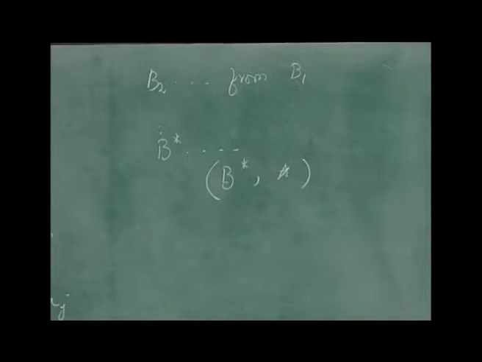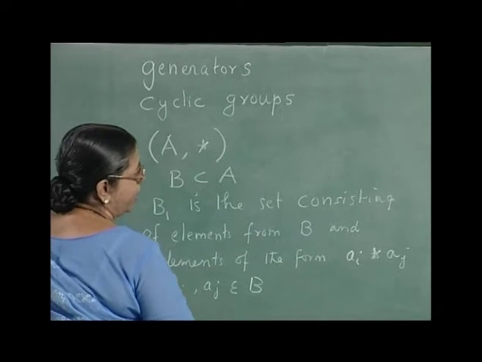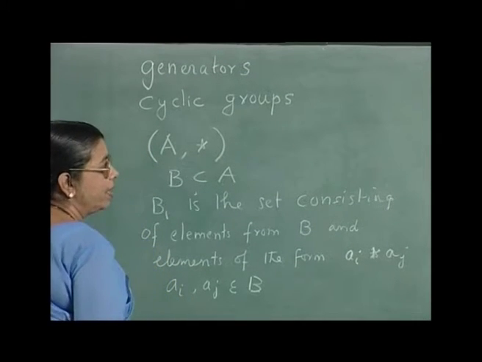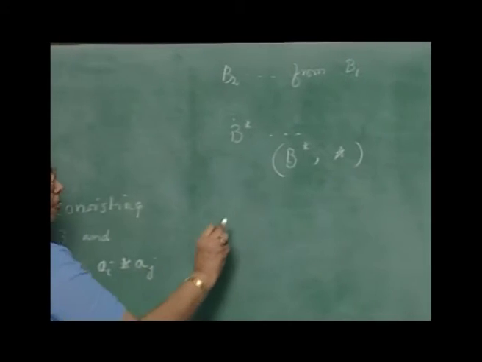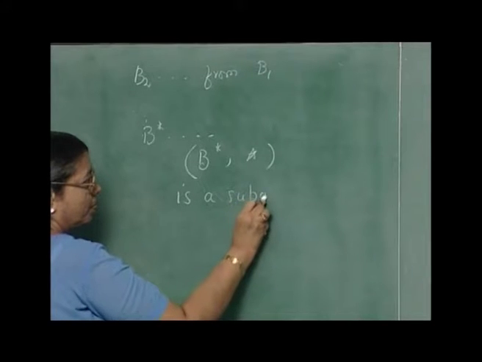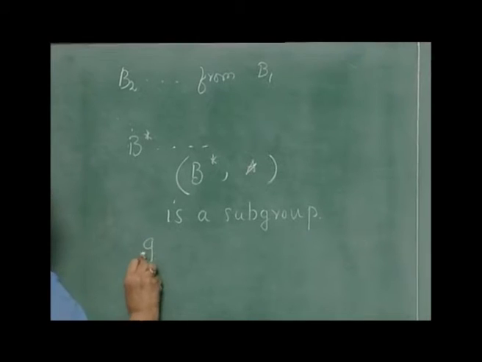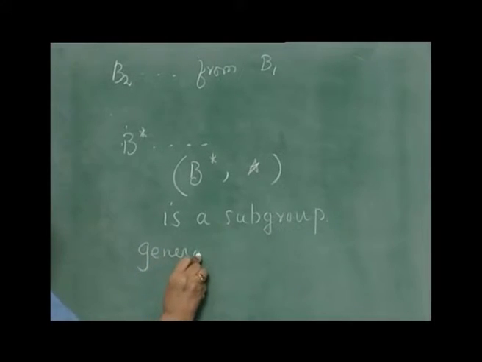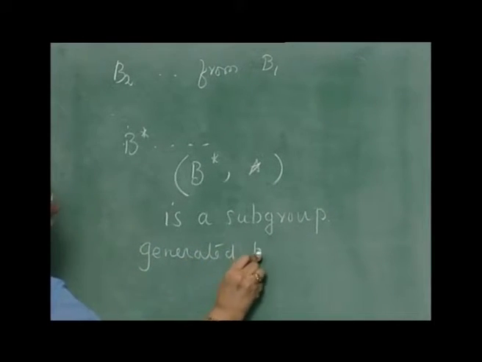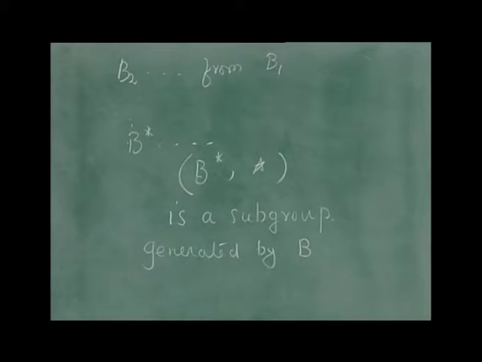Now, you must also consider that B should also contain the identity element of A, then B star with the operation star is a subgroup, and that is generated by B. If B contains the identity element of A, then B star is closed.